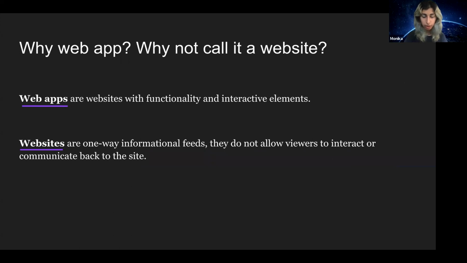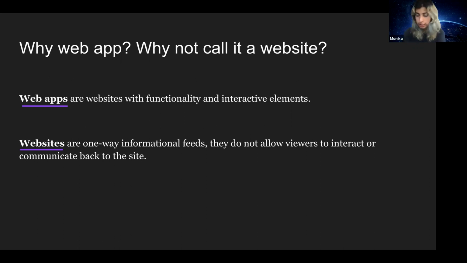Websites are probably the more familiar thing. It's a site that has one-way informational feeds. So there's not really much interaction between the user and the website. There's not really any state that's being saved from user action. Whereas a web app is a website with functionality and interactive elements.